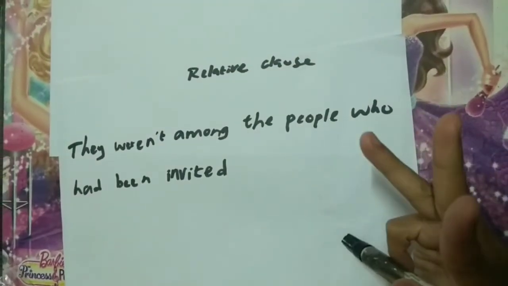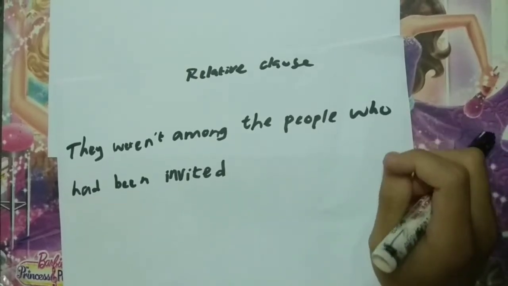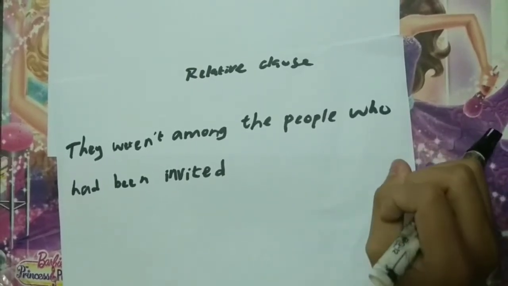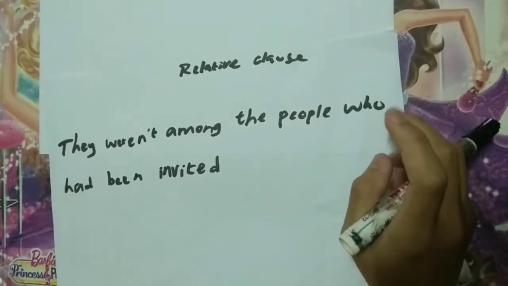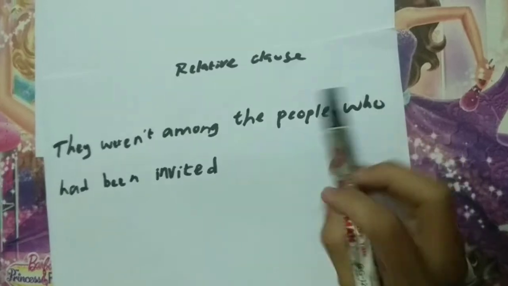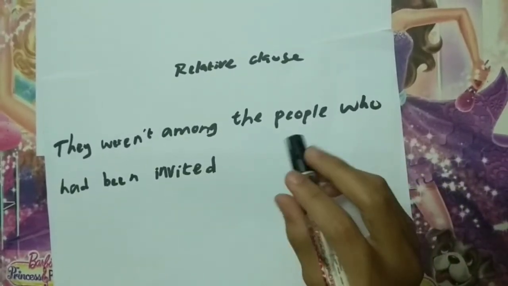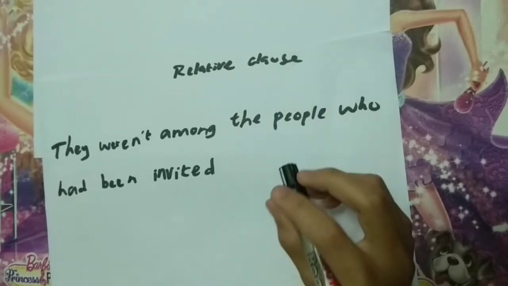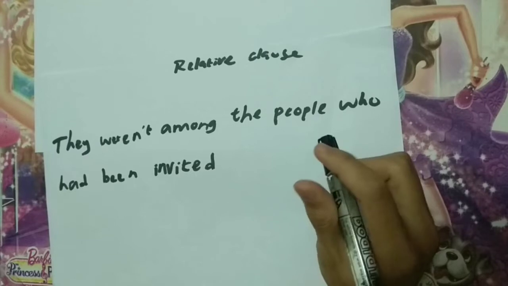There are three major subclauses of finite subordinate clause: relative clause, comparative clause, and content clause. First is the relative clause. The relative clause can be called an adjective clause.